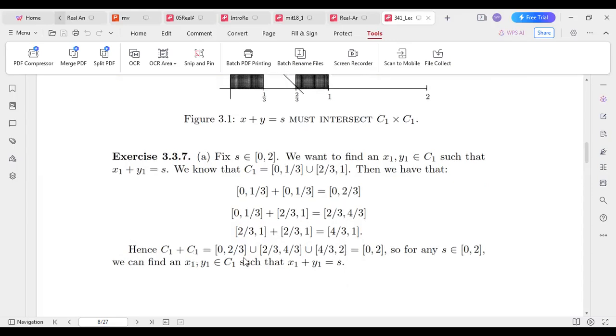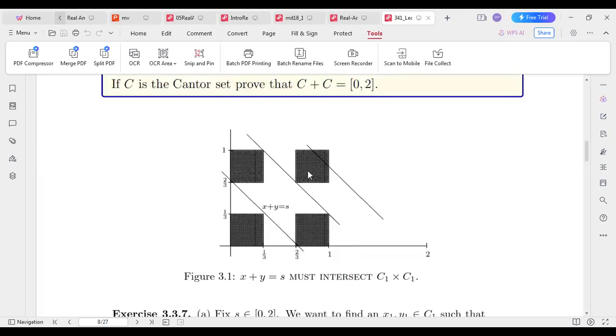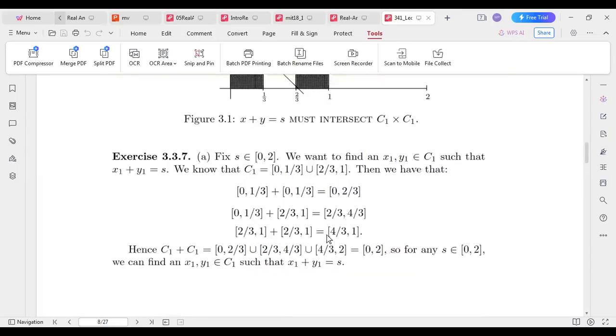Hence C1 plus C1 equals the union, which is actually 0 to 2. So for any s belonging to 0 to 2, we can find x1, y1 belonging to C1 such that x1 plus y1 equals s. From this graph, analytically we can prove this also.